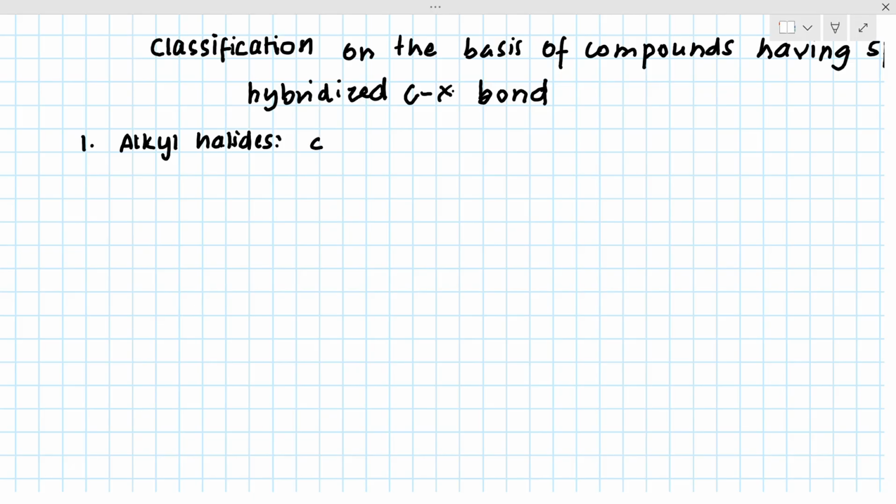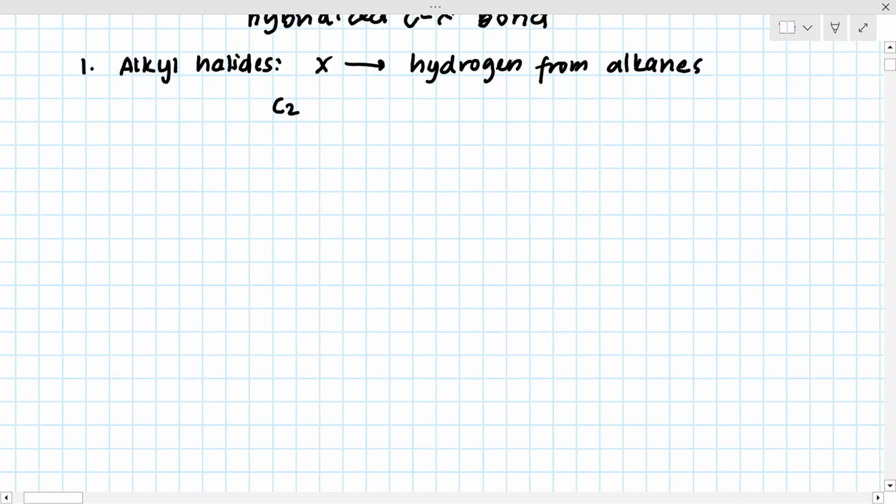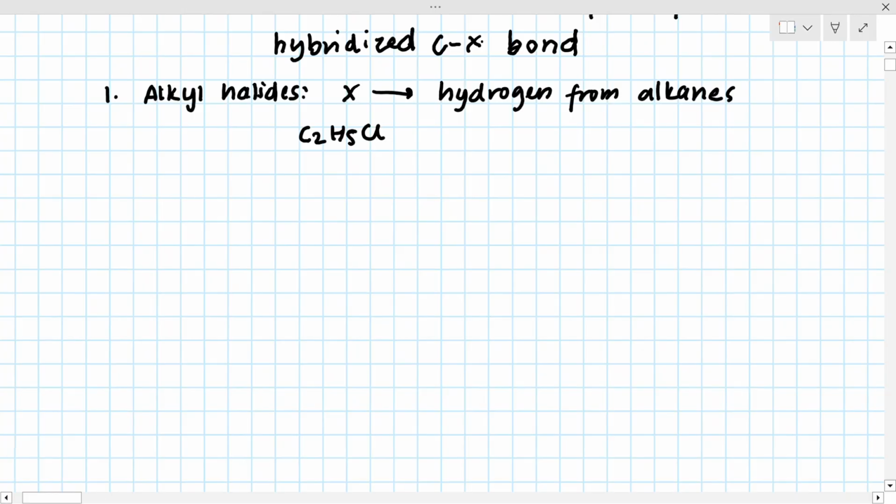When X, that is halogen, replaces a hydrogen from an alkane, it is called alkyl halide. Example can be C2H5Cl, ethyl chloride.